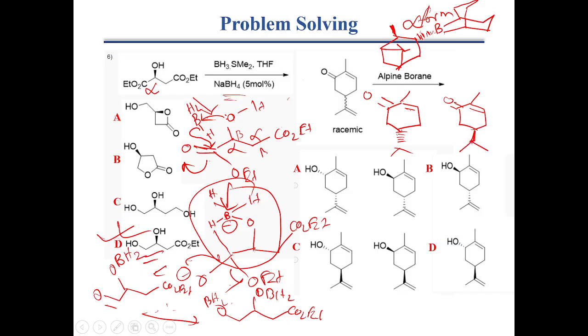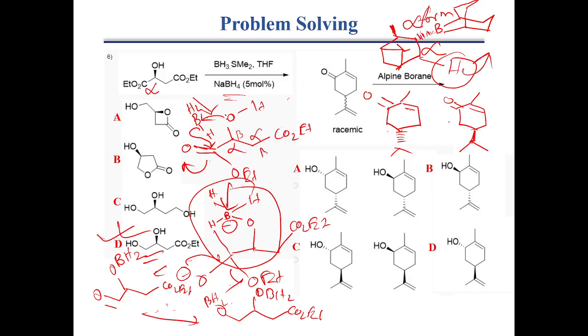So the possibility is that the alpha form only reacts with the alpha form. So the match and mismatch chemistry happens: if it is the beta, this isopropyl group is the alpha form, then reduction happens. So this hydride will transfer.